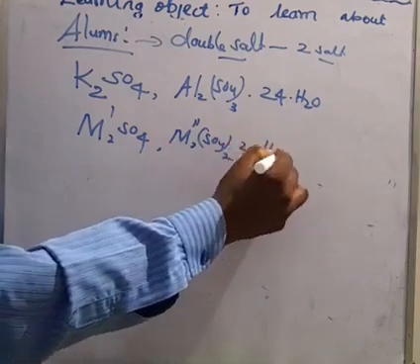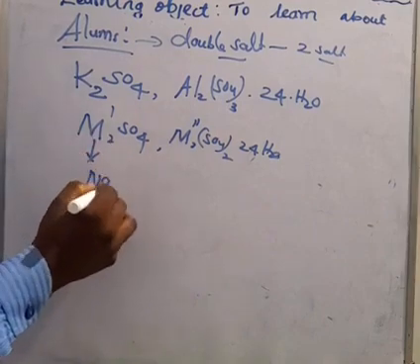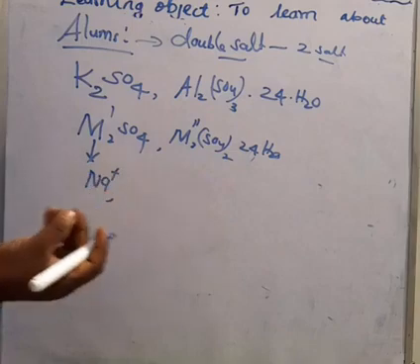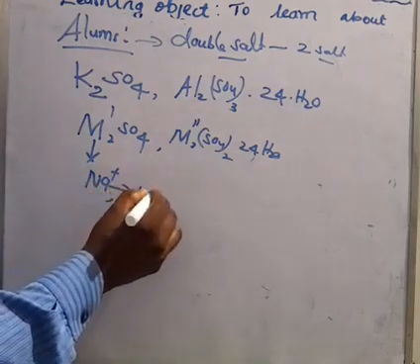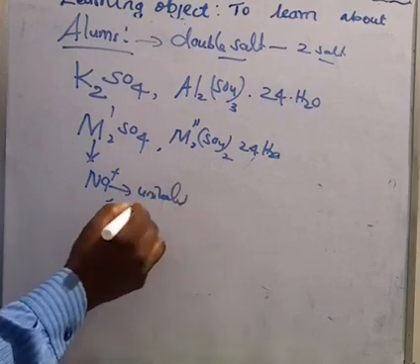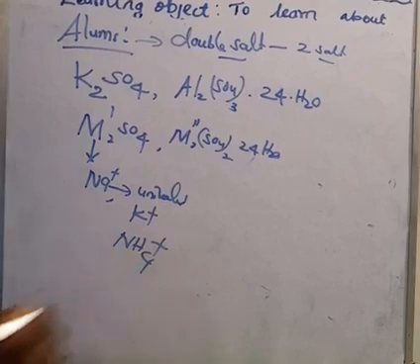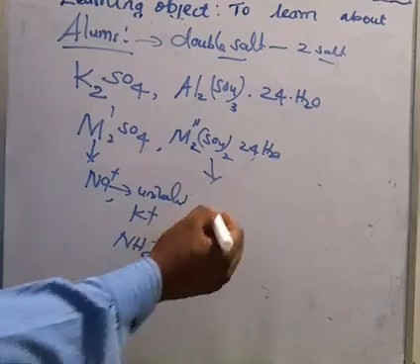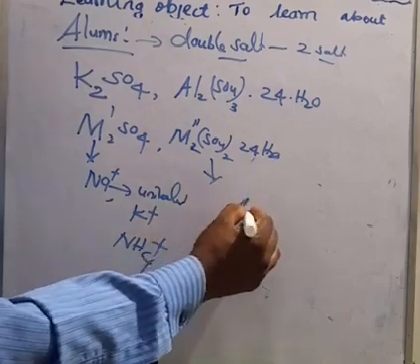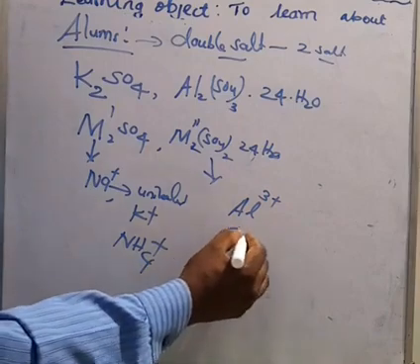M means metal, for example sodium. This M' means a univalent metal, that is a single-charge metal ion, for example Na+, K+, NH4+. These are all univalent metal ions. What is M''? M'' means a trivalent metal ion, such as Al3+, aluminum 3 plus, and chromium 3 plus.